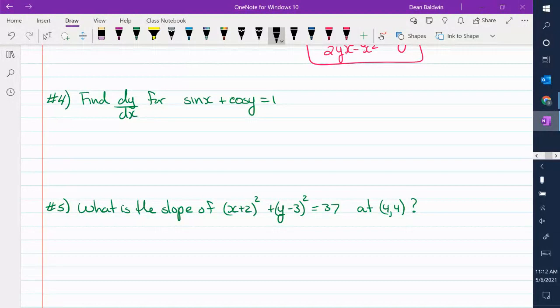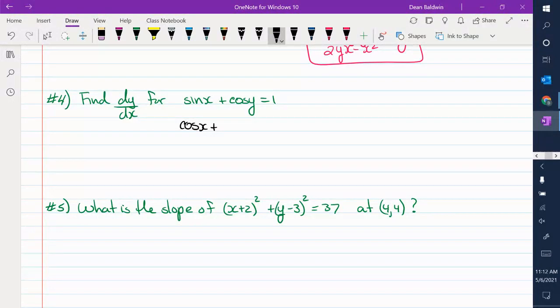Okay. So find dy dx for sine x plus cos y is equal to 1. So dy dx for sine of x. The variables match, so we just do the derivative as normal. What's the derivative of sine x? Cos of x. So I get cos of x plus cosine of y.